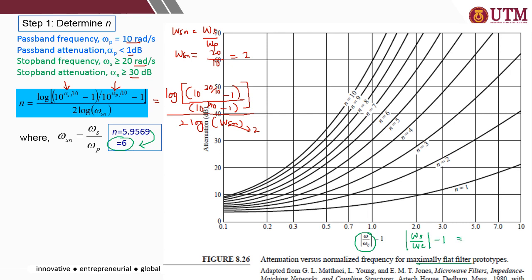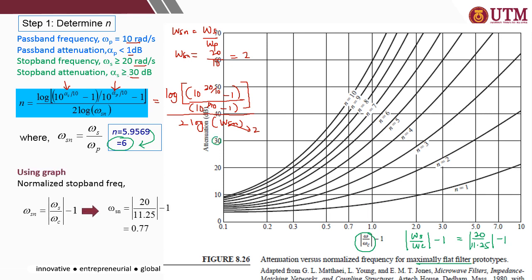So in this case, your omega S is 20 divided by your cutoff frequency given in the question, 11.25, minus 1. Once you get the value, you drag a line across at the attenuation value, which is 30 dB. Then you get the n.